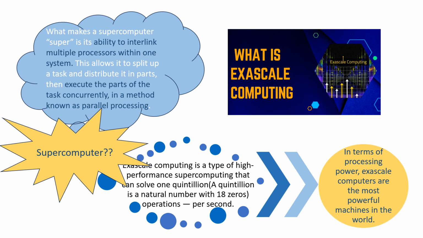Supercomputing allows it to split up a task, distribute it in parts, and then execute the parts of the task concurrently in a method known as parallel processing. Supercomputers achieve such speed by means of this parallel processing. Exascale computing is also a type of supercomputing, you can say.